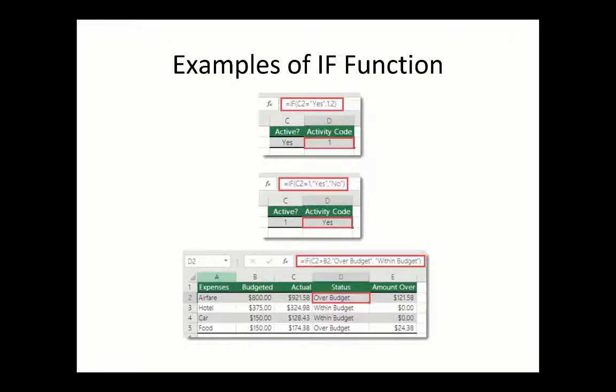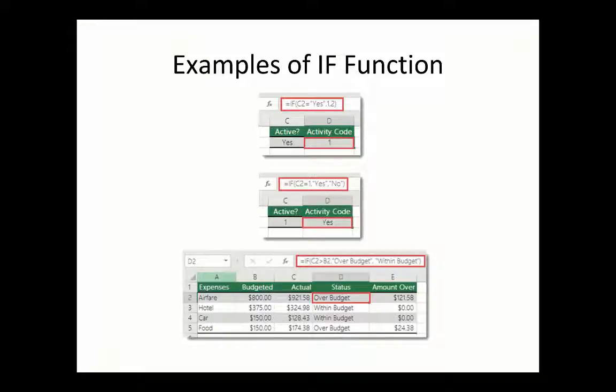Here's an example as shown in Microsoft Excel. Let's look at the top example. Listed under the column name named Active is the text Yes, which is found in cell C2. In cell D2, we type in our if function. We start this function with an equal sign and then type the if and an open parentheses.